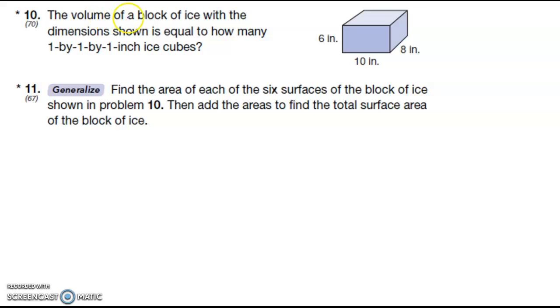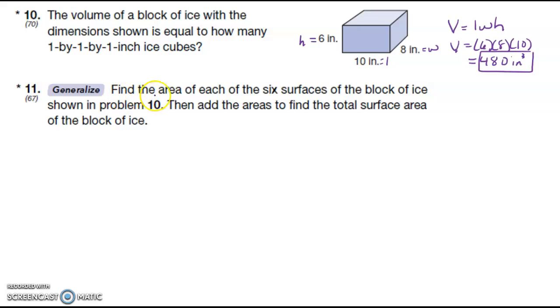Number 10, it says the volume of a block of ice with its following dimensions. So we know that the formula for volume is length times width times height. And here we have the length, the width, the height. So volume is equal to 6 times 8 times 10, which is equal to 480 inches cubed.